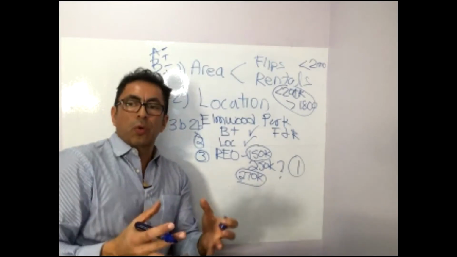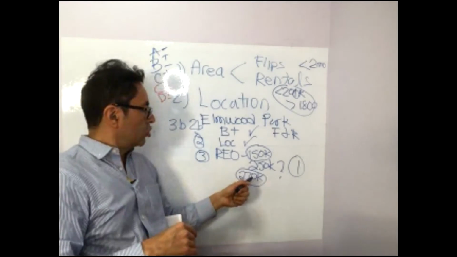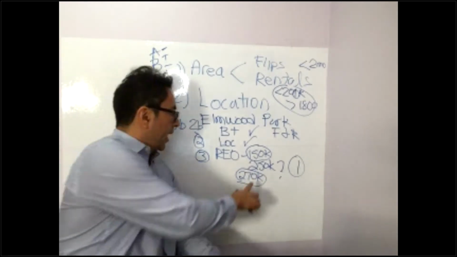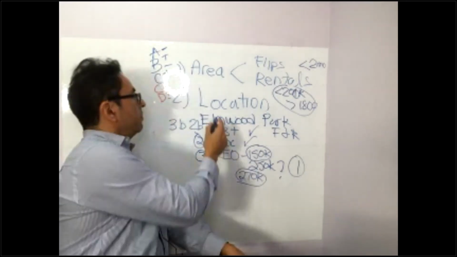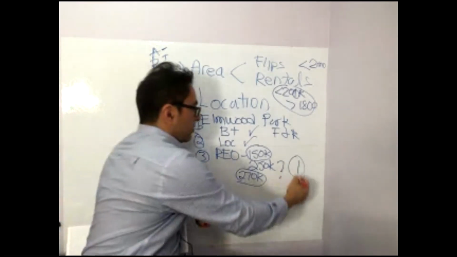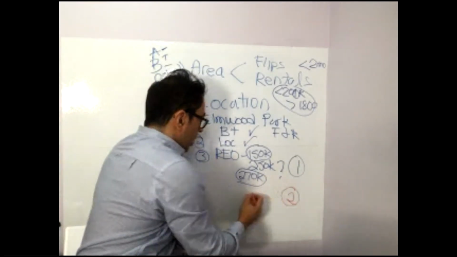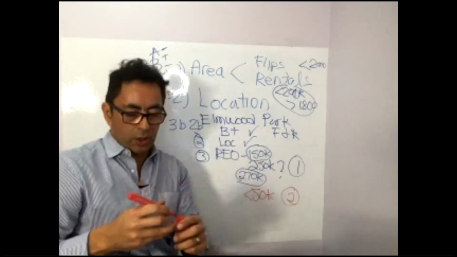So these are truly comps for ARV, after repair values. So I was very confident that this could be a great deal if we met the second criteria. So that's the first question. The second question is, will the rehab be below $50,000?